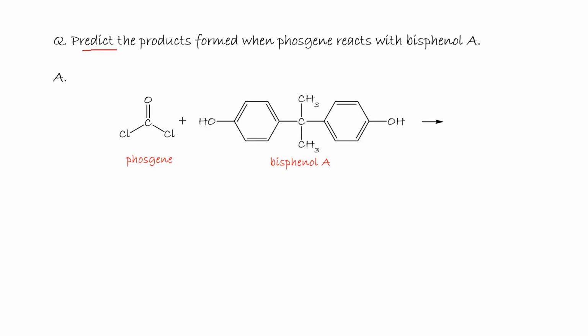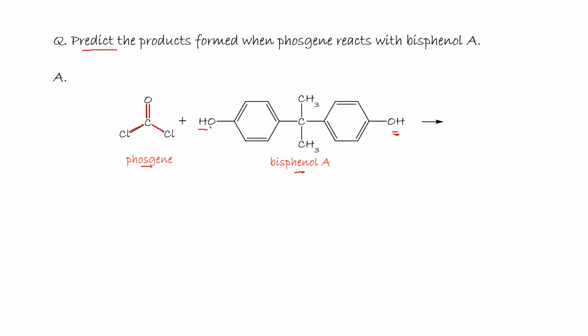Predict the product formed when phosgene reacts with bisphenol A. This is bisphenol A, and this is phosgene. It has two Cl bonds, a double bond to O, and then two OHs. What are we expecting?